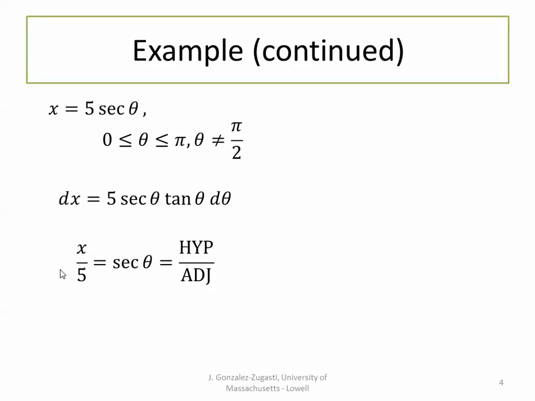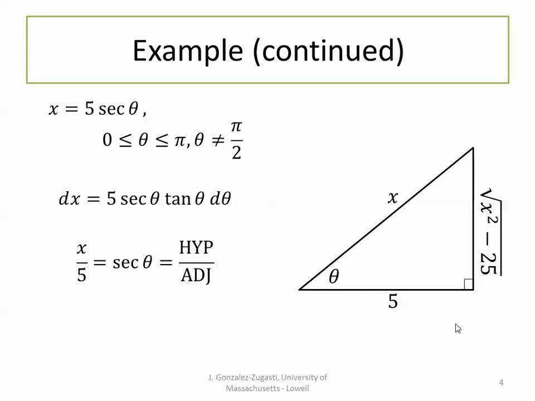And secant is hypotenuse over adjacent, so our reference triangle will look like this. Here's our hypotenuse over our adjacent. Using the Pythagorean theorem, we get our opposite. And in case we need it, we can also solve for theta by taking secant inverse of both sides of this equation to get secant inverse of x over 5 is equal to theta.